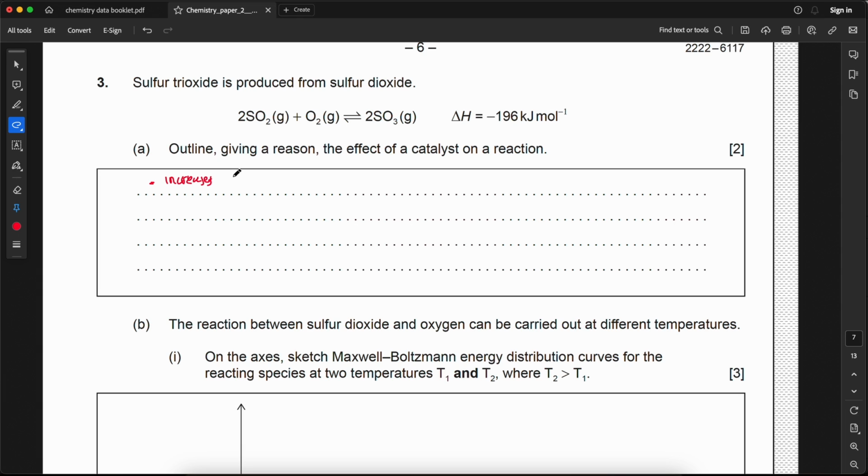Increase the rate of reaction and lower the activation energy. Also provide an alternative pathway.